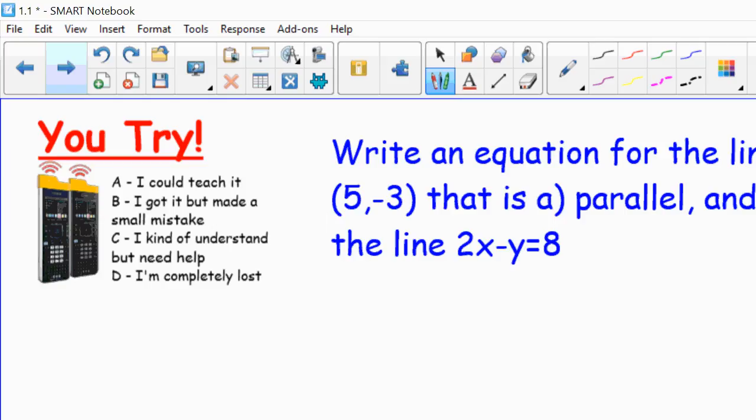Okay. You try to finish it up. So you work this one. Find a line through the point (5, -3) that is parallel, perpendicular to the line 2x minus y equals 8.